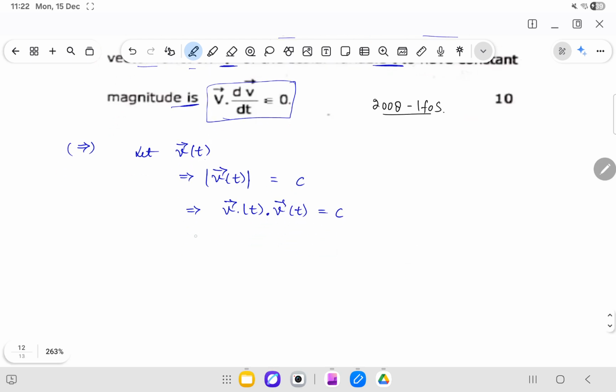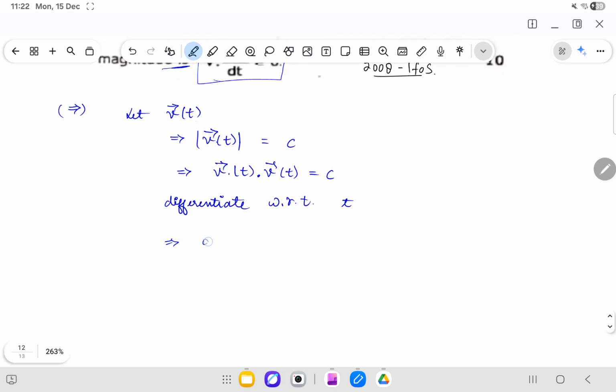Now if I differentiate it with respect to t, what I'll get is dv by dt dot v(t) plus v(t) dot dv by dt equals 0.